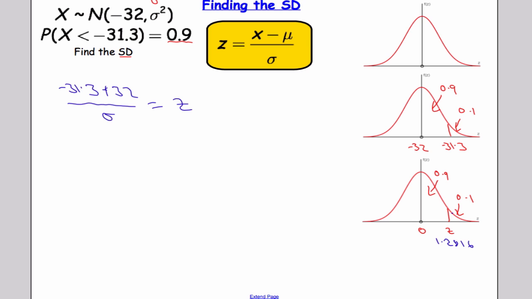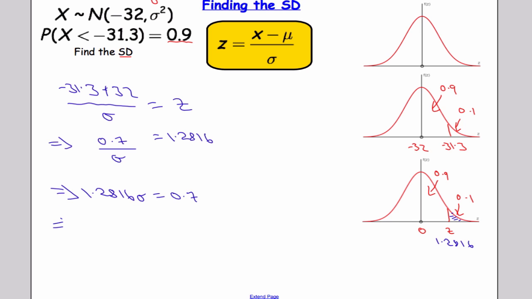And that was for the percentage points table using this probability here. So Z equals 1.2816, and that's equal to, well, minus 31.3 plus 32 equals 0.7. So it's 0.7 divided by the standard deviation equals 1.2816, which implies that 1.2816 sigma equals 0.7.